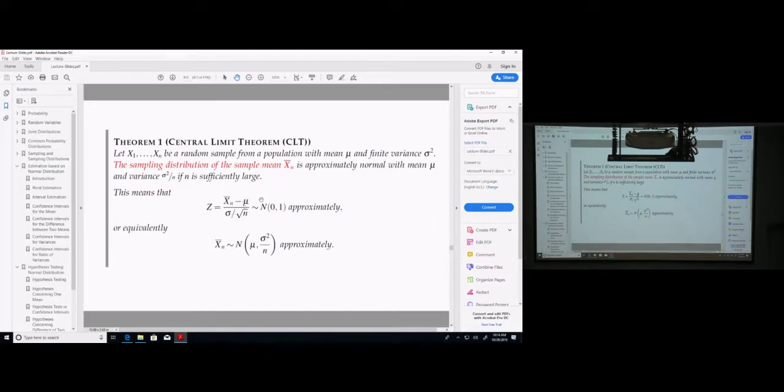The importance of this statement is that this is normal. So this little n here is the crux of the whole statement, saying that the distribution here is closer and closer to being normally distributed. So if we recover this, the mean of xn bar, the sample mean, is almost like mu, and the variance is sigma squared over n.